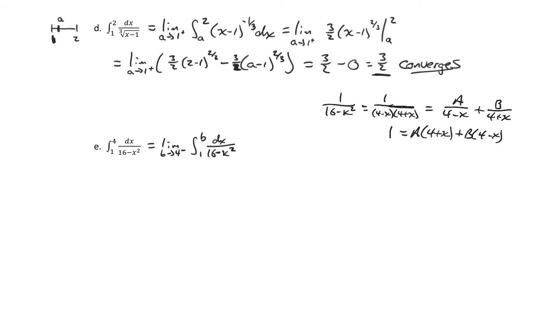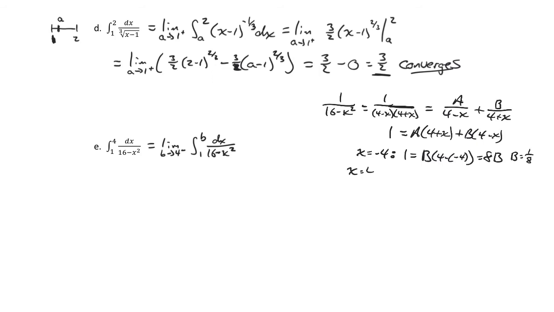If you remember from the partial fractions section, we would choose particular values of x to eliminate variables. So I'm going to let x be equal to negative 4 to eliminate the first one. I'll get 1 is equal to, well, the first term will be 0. The second term will be b times 4 minus negative 4, which is really 8b. And so we find out that b is 1/8.